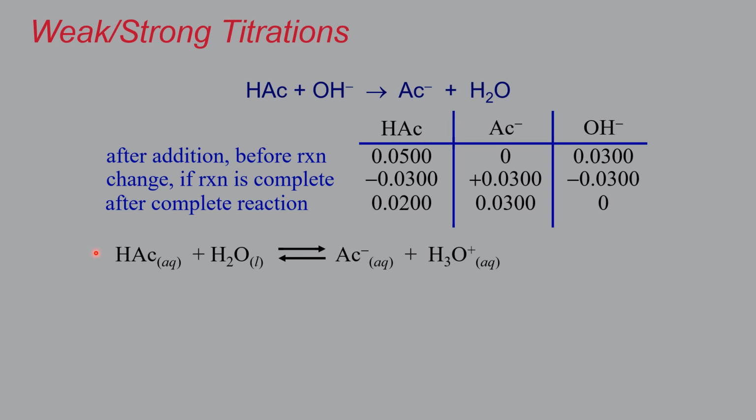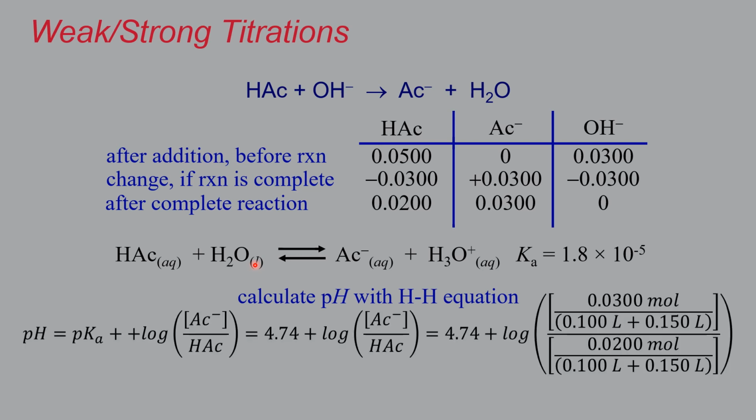But you could also be a little more clever. Because you've got a buffer solution at this point, with measurable amounts of both the acid and the conjugate base present, you can use the Henderson-Hasselbalch equation to solve for the pH at this intermediate point. And that's what this looks like. It looks ugly, but it's really not. So here's the basic setup.